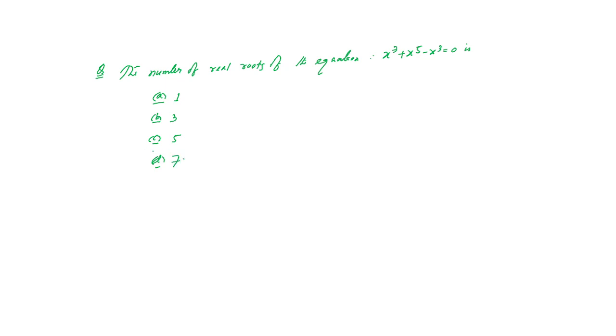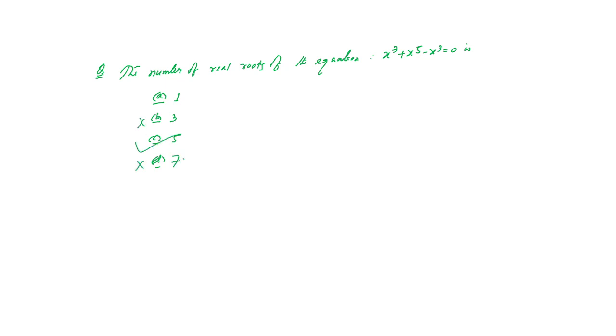Now we come to the question. The question may be like this: the number of real roots of the equation x^7 - x^5 + x^5 - x^3 = 0 is, option A 1, option B 3, option C 5, and option D 7.